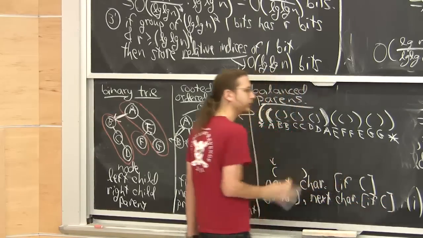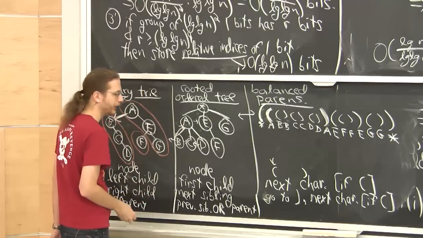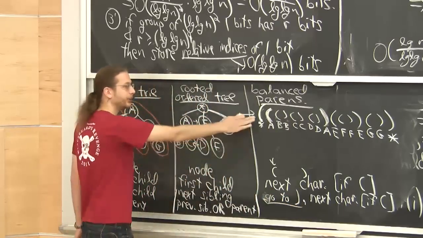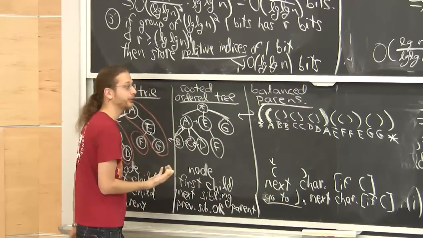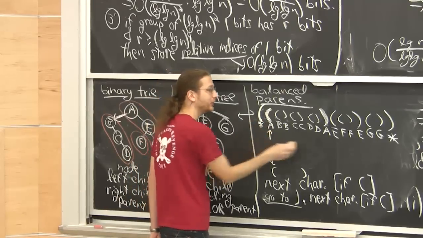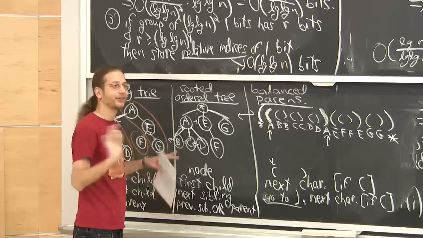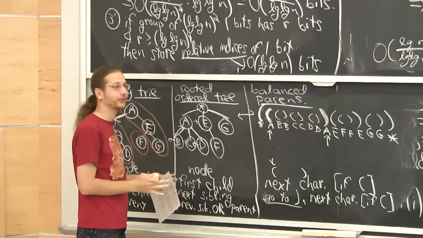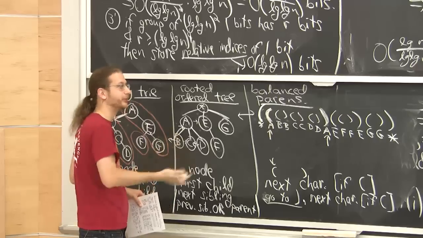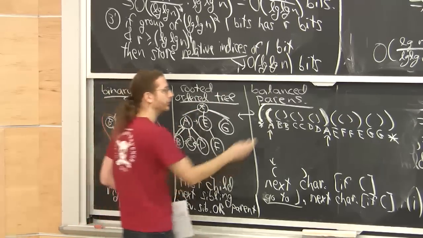If it's a closed paren, then you have no next sibling. So again, you can tell whether this operation fails. What we need is an operation given a bit string representing balanced parentheses, and given a query position of a left paren, I need to know what is the matching right paren. And I'll just wave my hands and claim that can be done with the same techniques as rank and select. It's not easy. It's quite a bit harder, but you do enough of these recursions, eventually you can solve it.